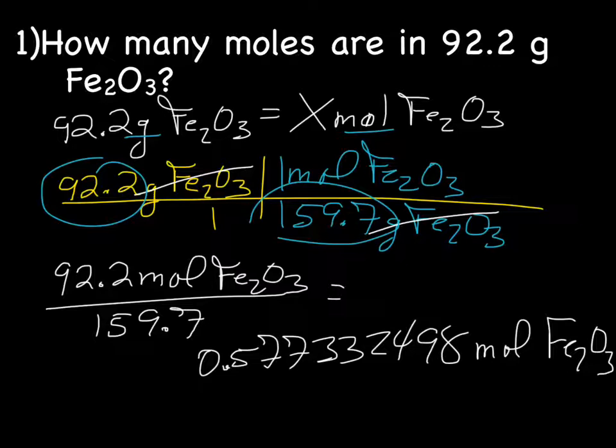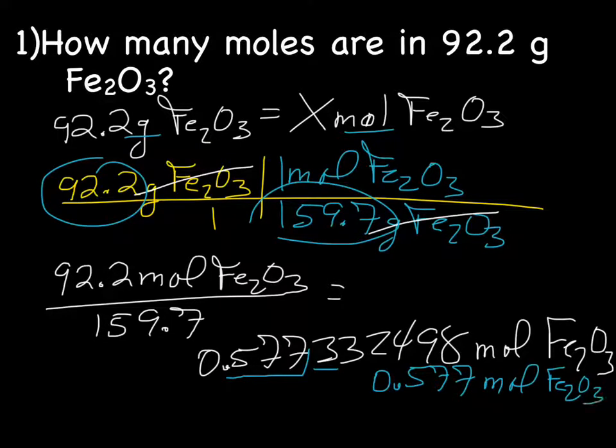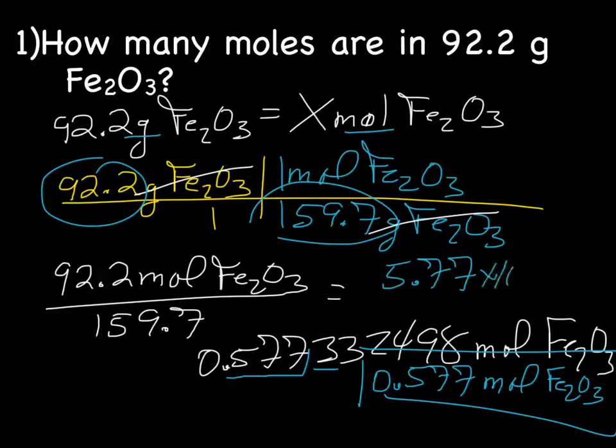So we're going to have 3 sig figs, which is the 0.577. 3 is less than 5, so we're just going to drop it. So we're going to end up with 0.577 mole Fe2O3. And if you would prefer scientific notation, we could also write that as 5.77 times 10 to the negative 1 mole Fe2O3.